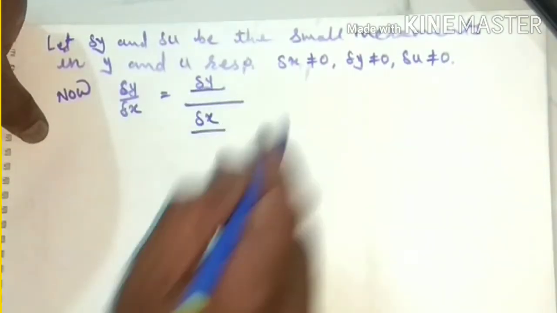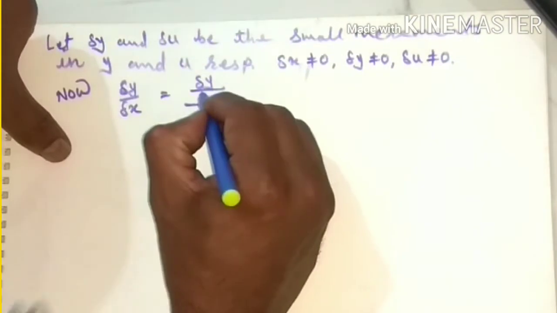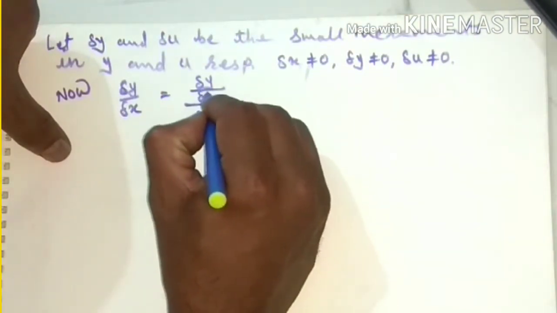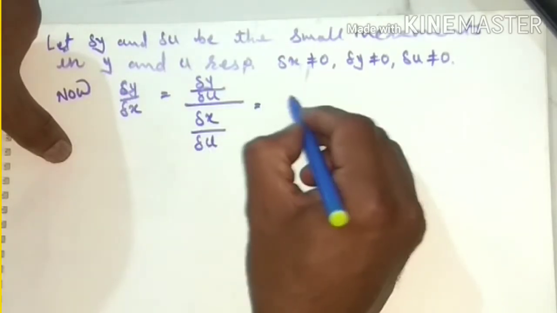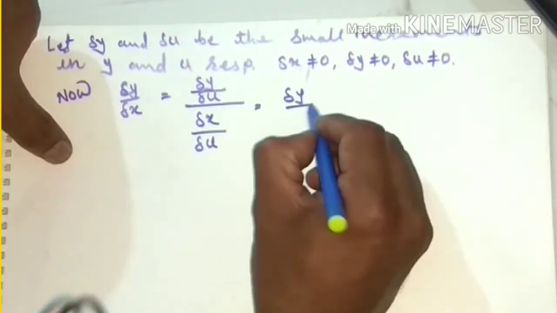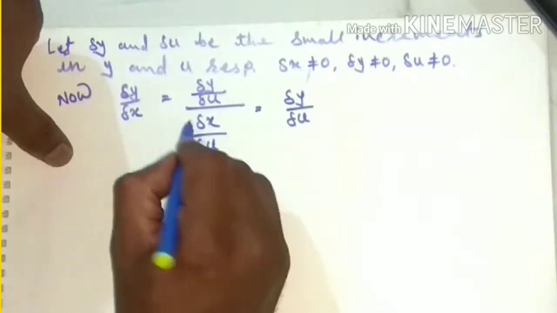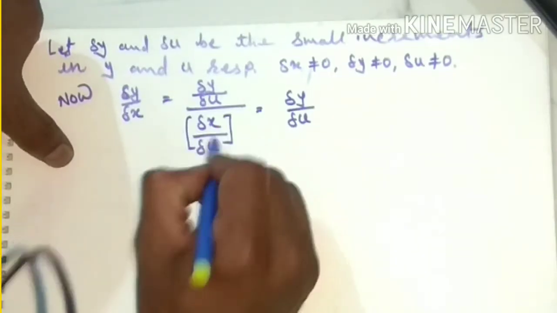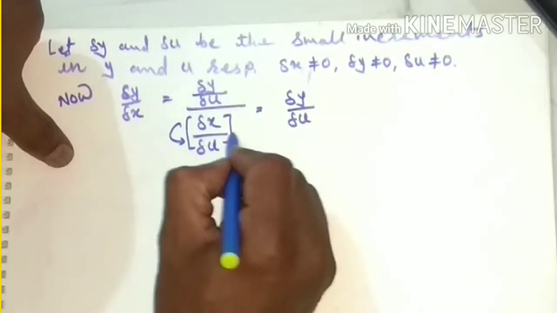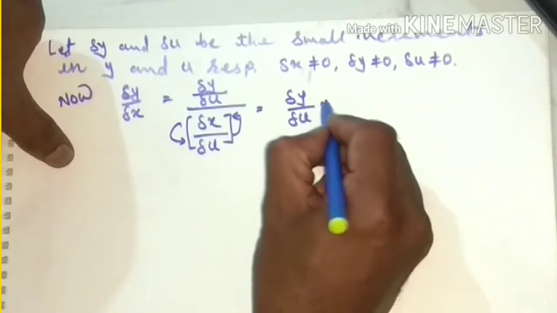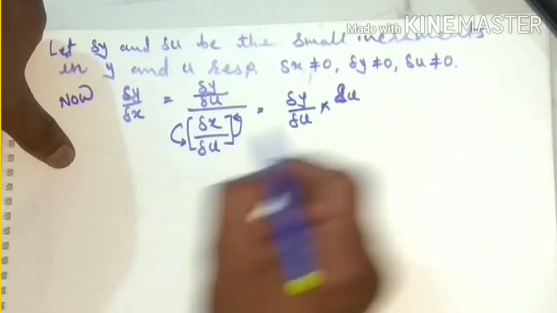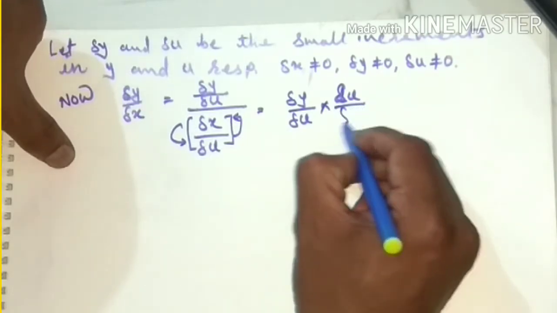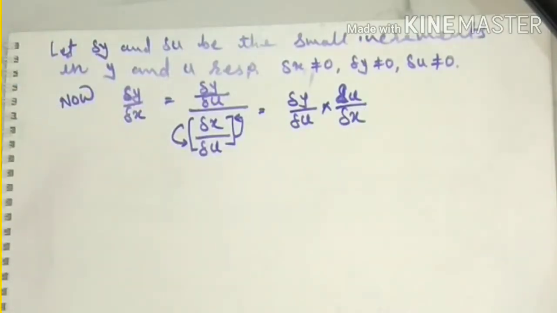What I have done here is divided numerator and denominator by delta u. Now the numerator part will remain as it is, and the denominator part which is in division, if we want to bring it into multiplication, this delta u will come in the numerator and delta x will go in the denominator.